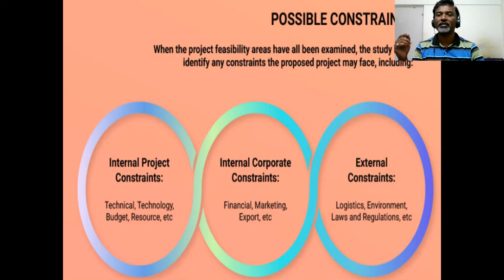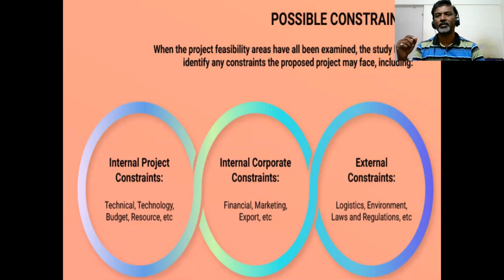And the last one is the external constraint, that is logistic constraints, environmental constraints, law and regulation, etc. Suppose you have developed an organization which requires some raw material daily, and due to some environmental hazards, it is not possible to purchase that raw material or distribute it from your warehouse to different retailer stores.